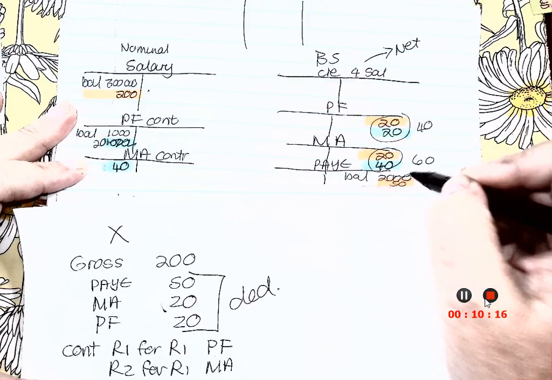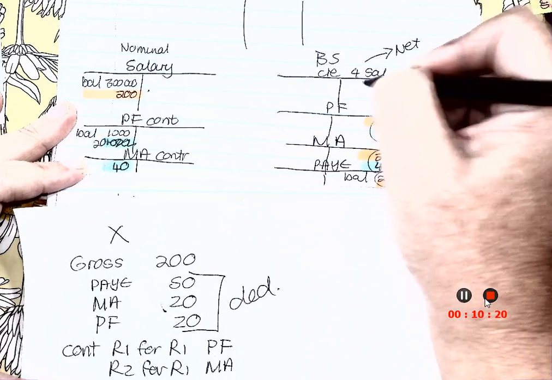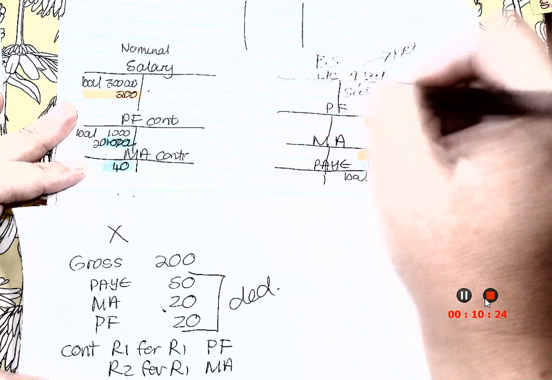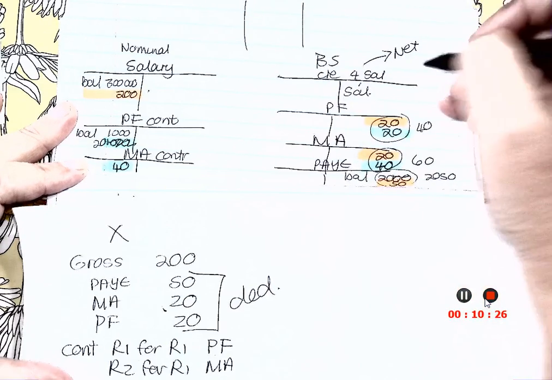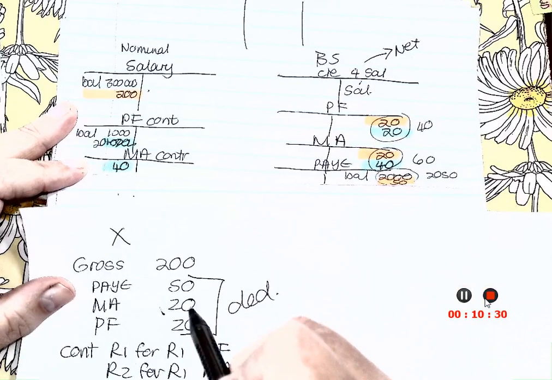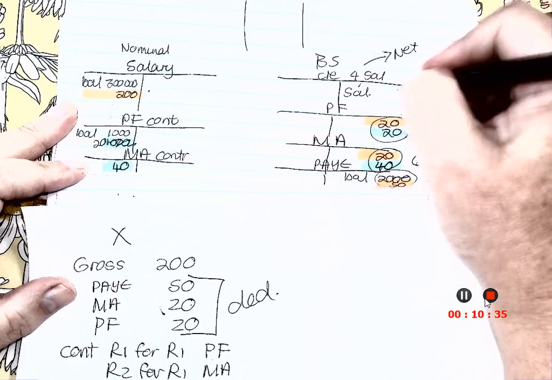I owe SARS 50. What do I owe X? So what's her salary going to be? Her salary will be this 200 less the 50 less the 20 less the 20. So it's going to be 110. Yes.